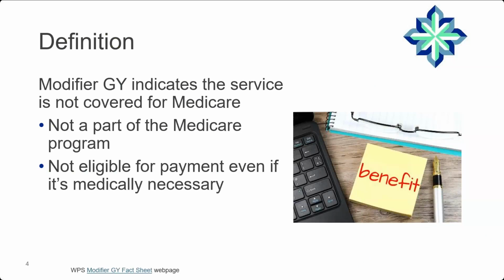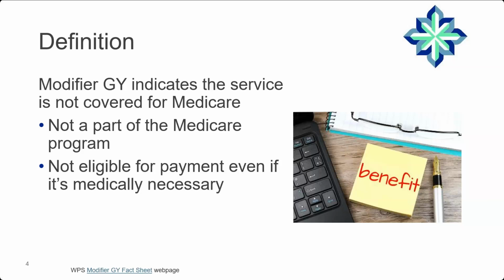Now, for an ambulance transport, a modifier GY must meet the definition, so we're going to get a little bit more into that. But I really want you to understand that a GY also indicates that you did not tell the patient that it was not medically necessary. Instead, the patient is relying on their Medicare handbook, which is their official Medicare guidelines sent to them by the Centers for Medicare and Medicaid Services.